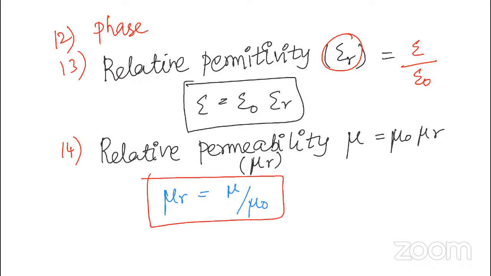Epsilon R is equal to epsilon by epsilon naught, and mu R is equal to mu by mu naught. These are very, very important formulas in physics.